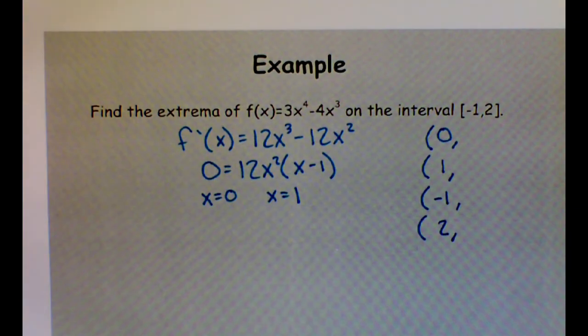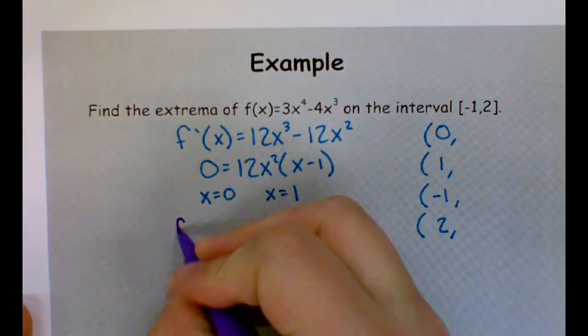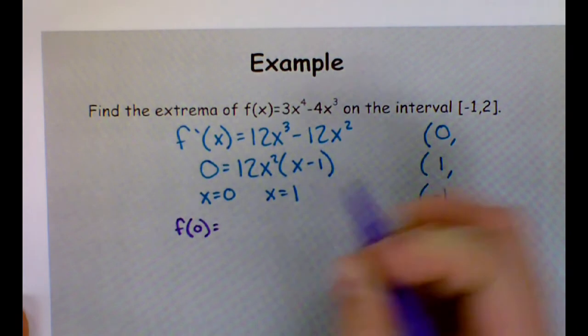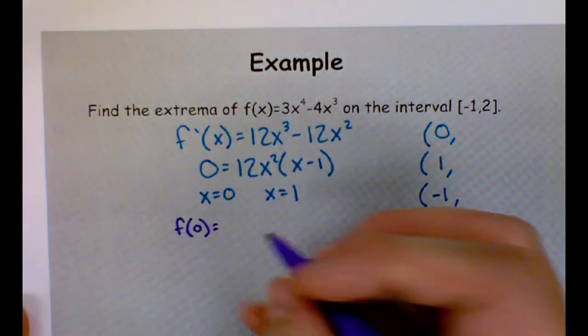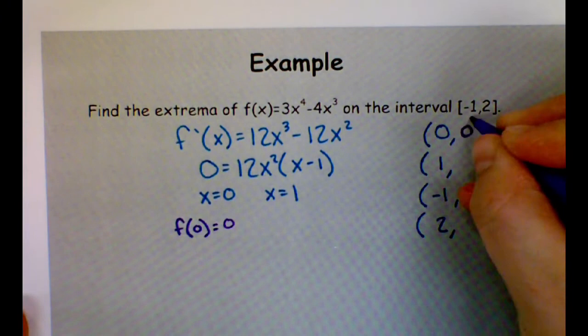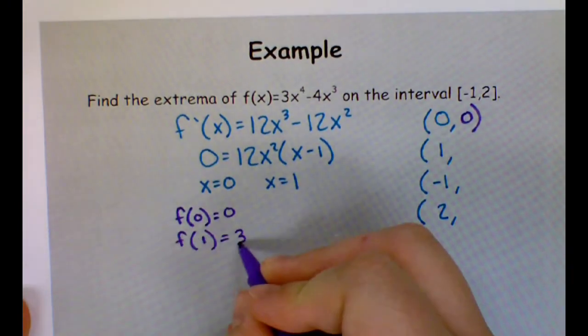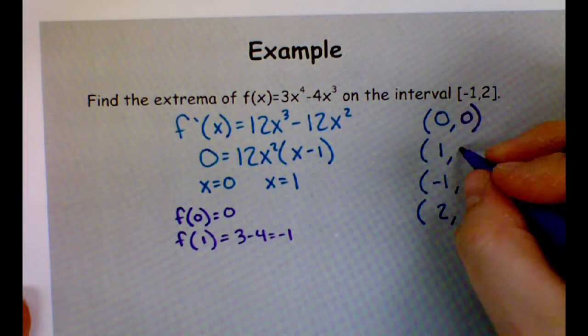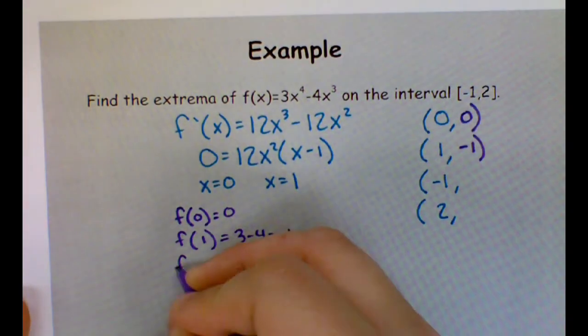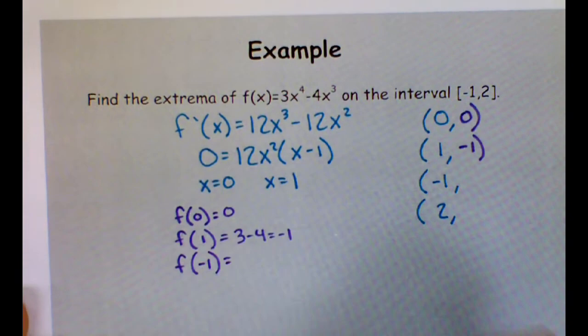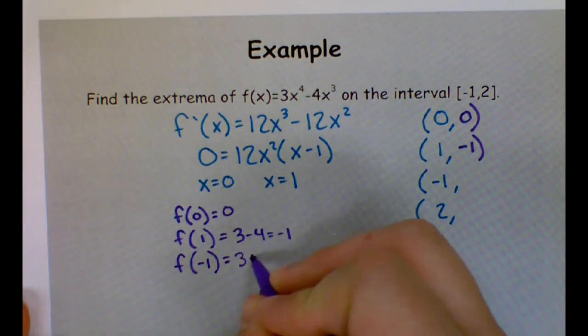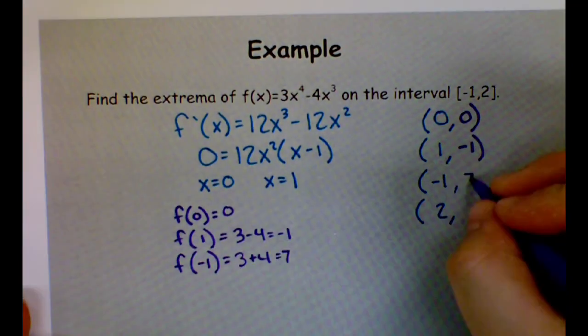Now we need to evaluate the function at those points. Please be careful, you're not evaluating the derivative there, you're evaluating the function. So f of 0, 3 times 0 to the 4th minus 4 times 0 cubed is still 0. f of 1 is 3 minus 4, which is -1. f of -1 gives me 3 plus 4, which is 7.